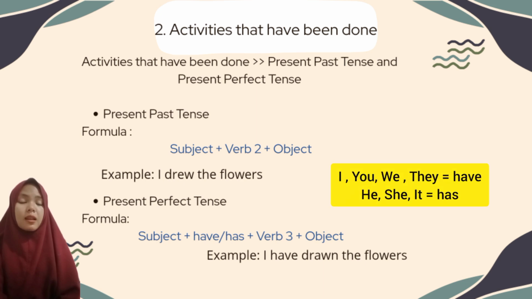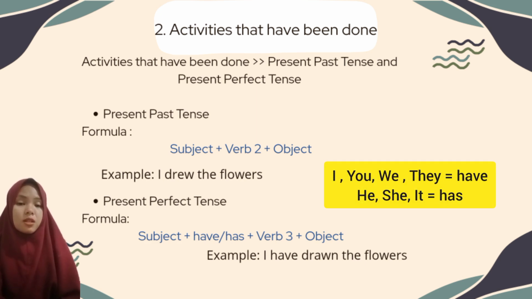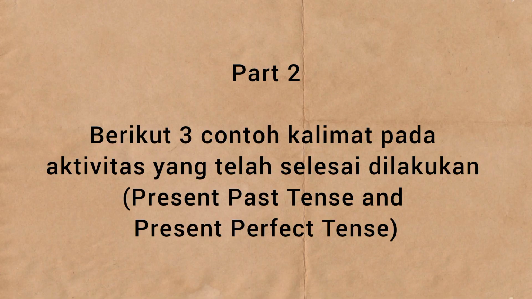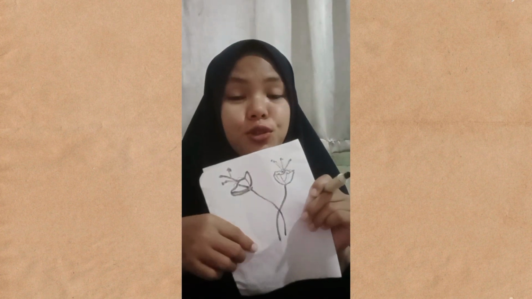If the subject is I, you, we, they, we use have. But if the subject is he, she, it, we use has. I have cut my nails. I drew the flowers. I have played a game on my smartphone.